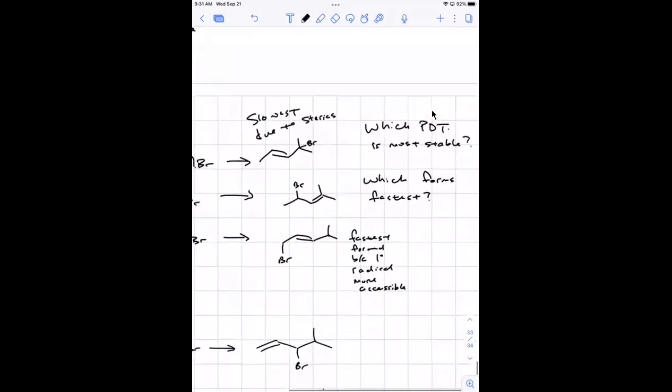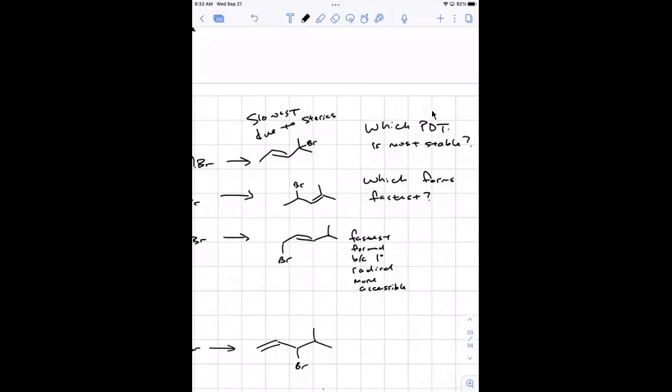Okay, which one is the most stable? What do you think? We went over this Monday at the end of class, I think. So it should still be fresh if you went back and looked at it. How do we know about the stability? What do we base that on? Is it still the carbocation?